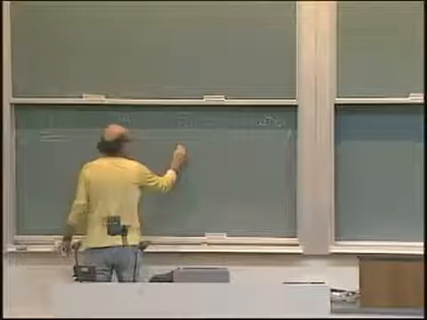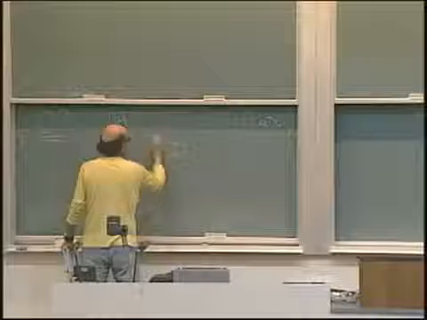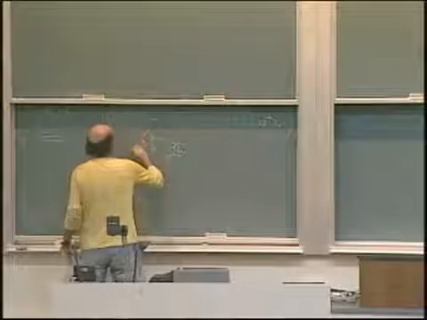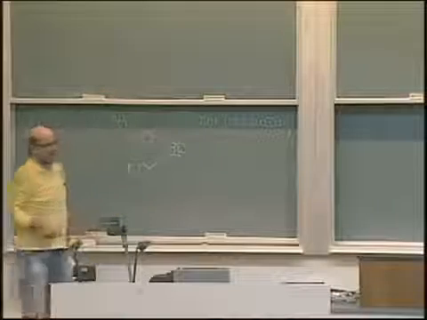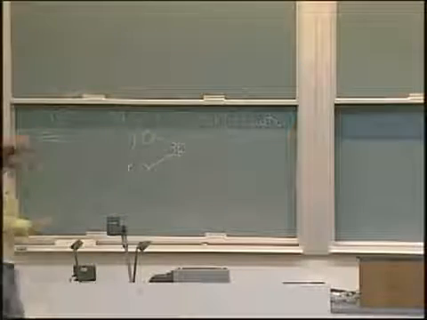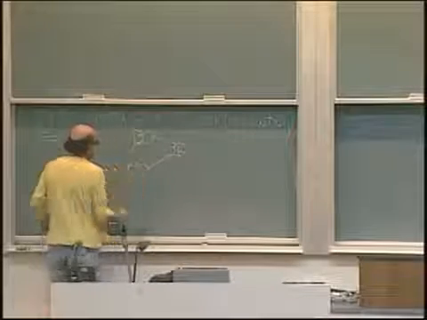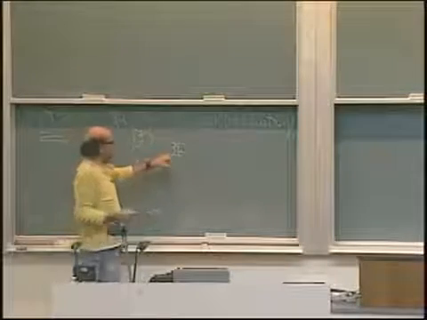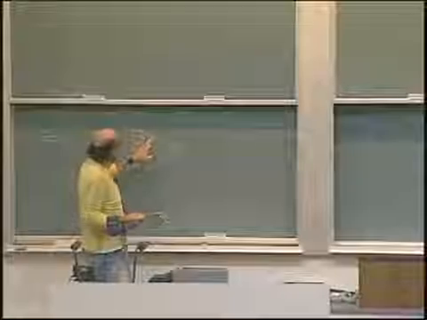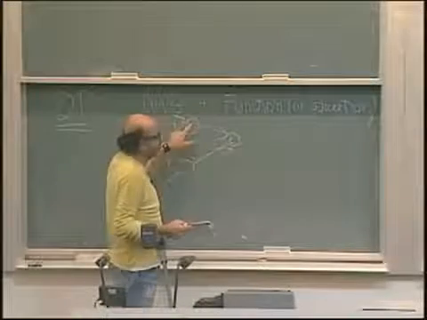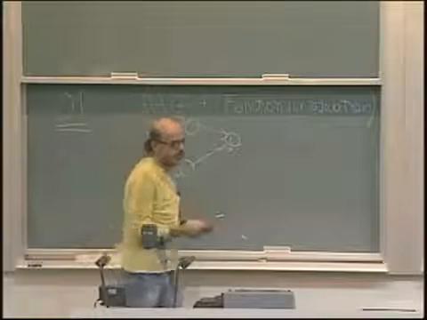A DAG is going to be something like this, where an edge means that in order to compute the value here, you have to apply this function to the values here and here. All right?